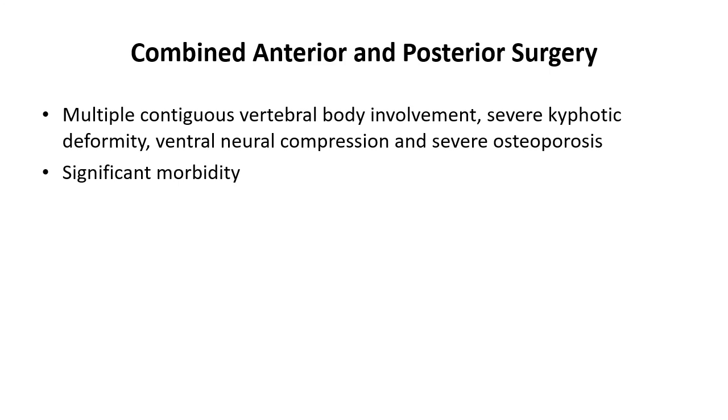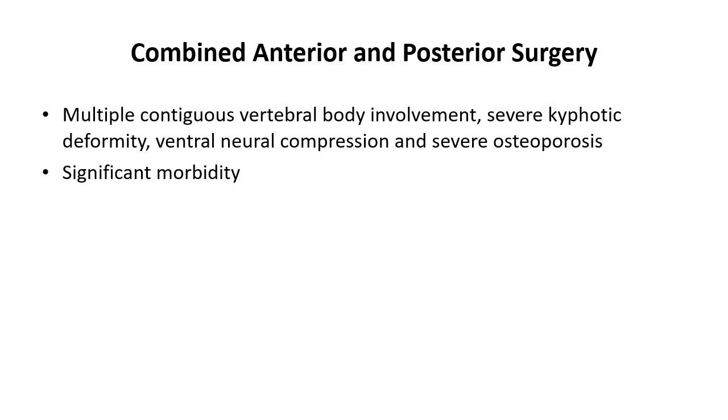The anterior surgery can accomplish good debridement, decompression of the neural structures, and establish anterior column support by a graft or cage, while the posterior surgery can correct and maintain alignment and protect the anterior graft or cage. However, the procedures can have significant morbidity, particularly in the debilitated TB patient.